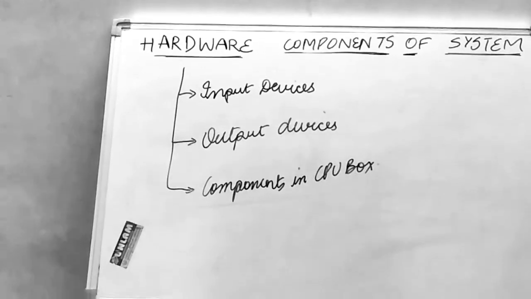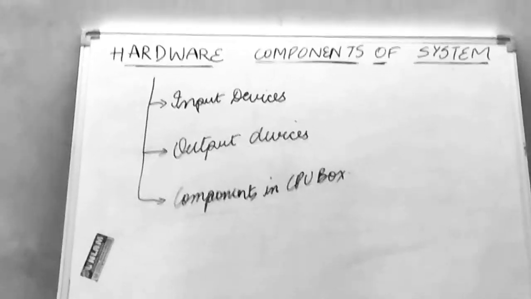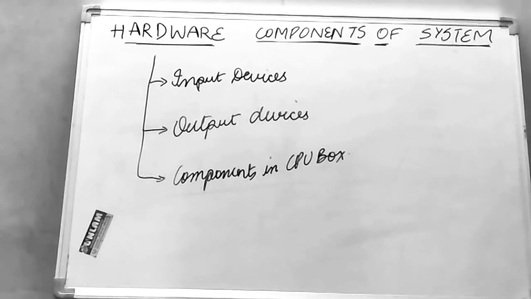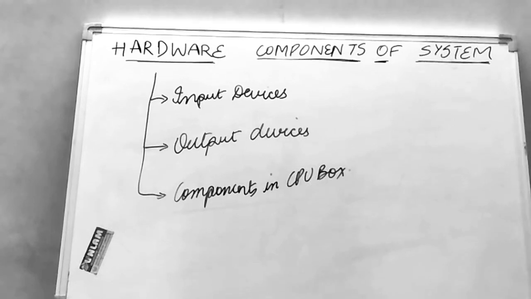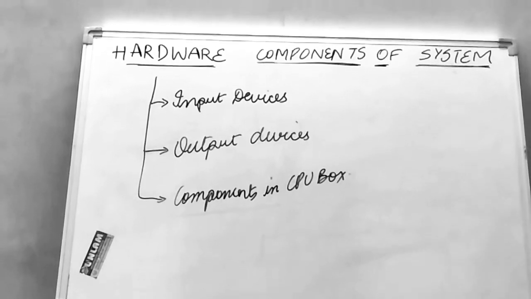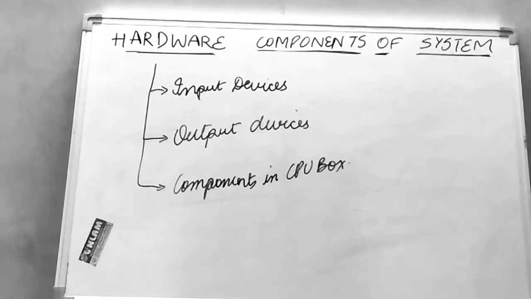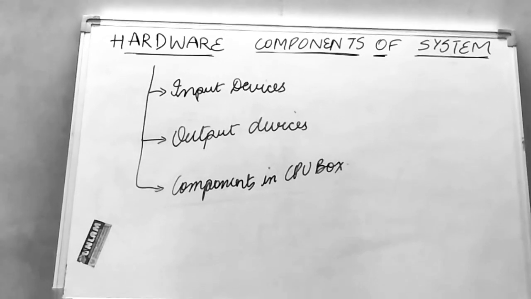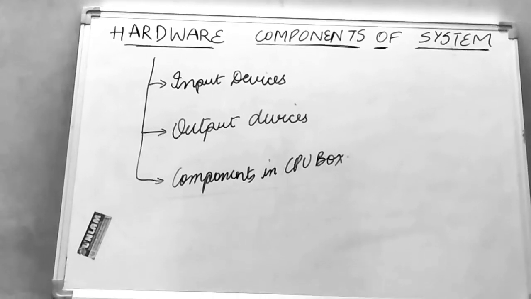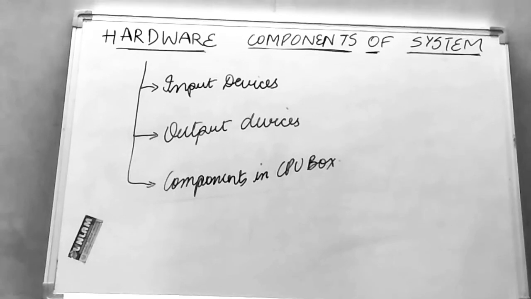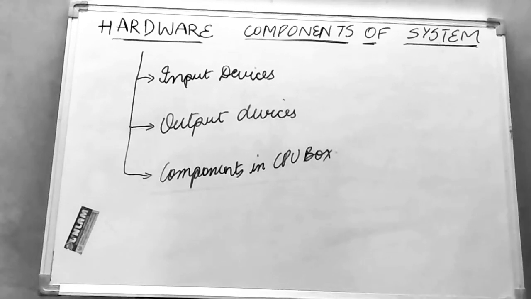Now here, first of all, the question arises, what are the input devices? Input devices are the devices that take instructions from the user and give us the output. So data and instructions must be entered into a computer system in order to carry out various tasks. So the data entry tasks are carried out by the input devices.